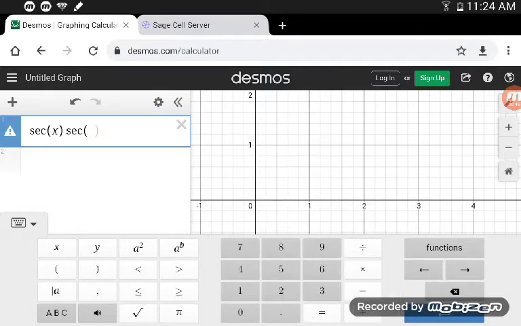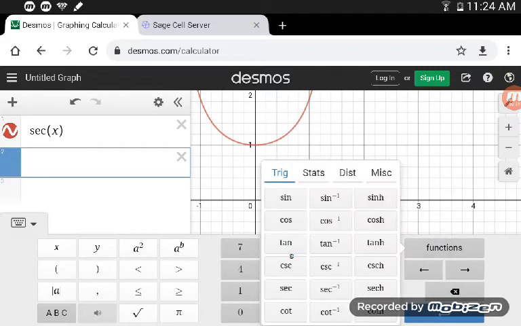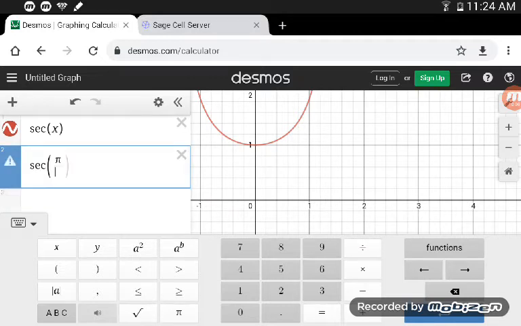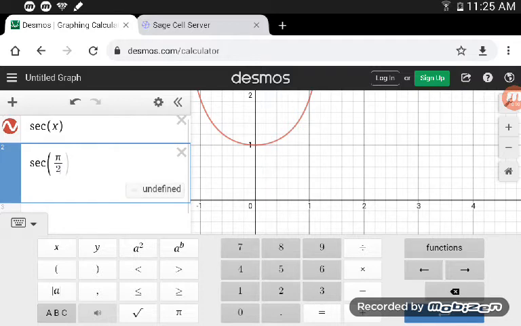Oops, I didn't make a new spot, so let's get rid of that. Here we go. Now I'm in a new spot. So I could say secant of pi divided by 2. Undefined. Perfect. All right. So that was one place it was undefined.